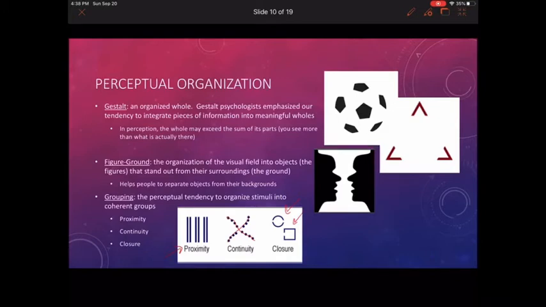So in proximity, we group things together based on how close they are to one another. In continuity, we group individual pieces together if they look like they could form some type of shape if put together. And then in closure, you're just filling in some kind of a gap in a picture. So, both of these examples with the soccer ball and the triangle are examples of your using of closure.